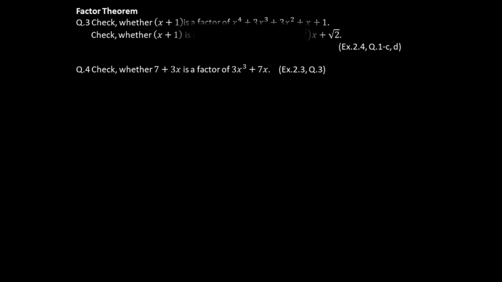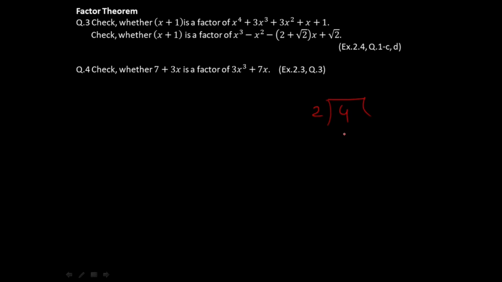Let's move to the next concept, that is based on the factor theorem. The very first question in this theorem: check whether this is a factor of this polynomial or not. That's a very simple question. Let me take one example first. How can I say 2 is a factor of 4?